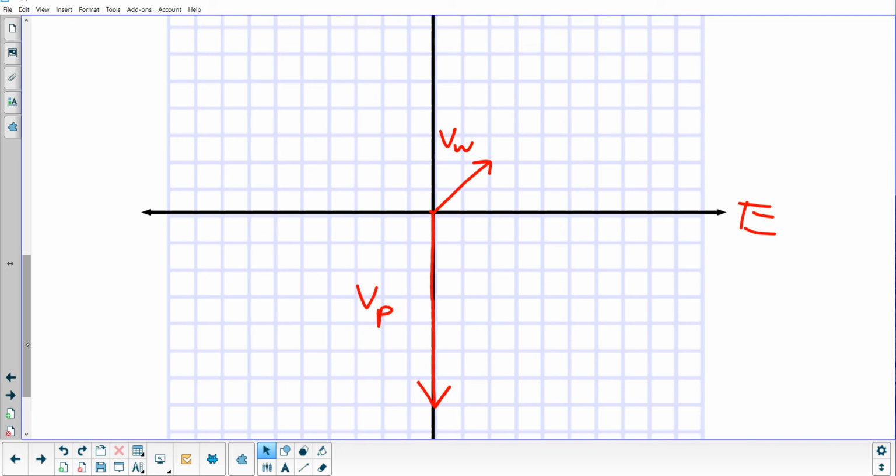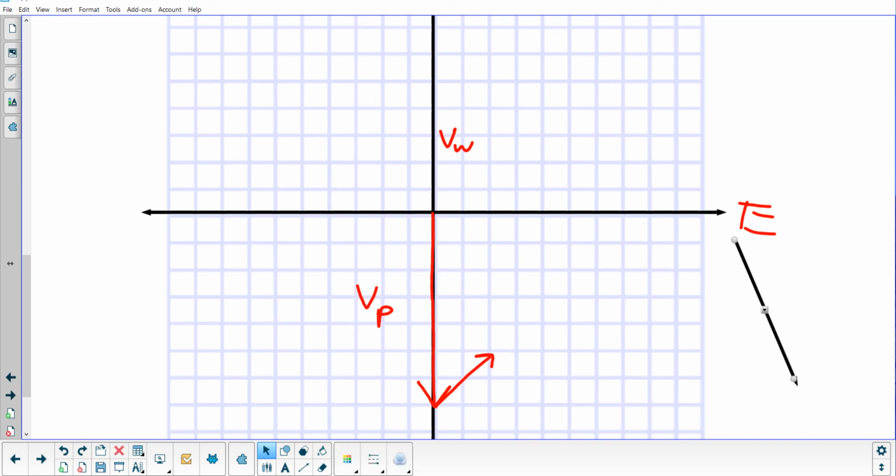Now, visually, what's going to happen here, I can show you on the smart board quick before we do numbers. You're going to put the wind vector on the end of the plane, and this is going to end up being the actual thing you want to find. The length of that black vector is going to be the real ground speed of the plane, and the angle that it's tilted at is the angle that it's really going to be flying at when the wind pushes it off course a little bit.